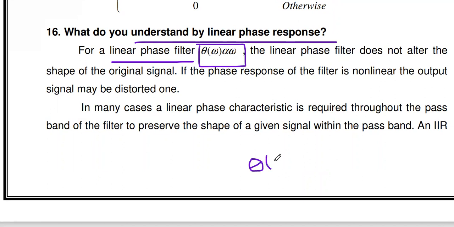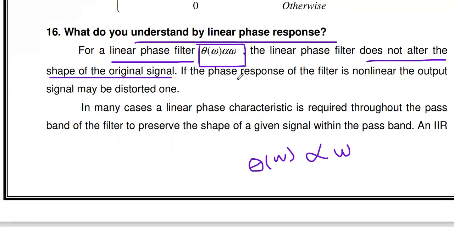The phase shift theta of omega should be linearly proportional to the frequency omega; that type of filter is called a linear phase filter. The linear phase filter does not alter the shape of the original signal. If you pass some signal via that filter, it will not change the shape of the original signal. That is the use of a linear phase filter.